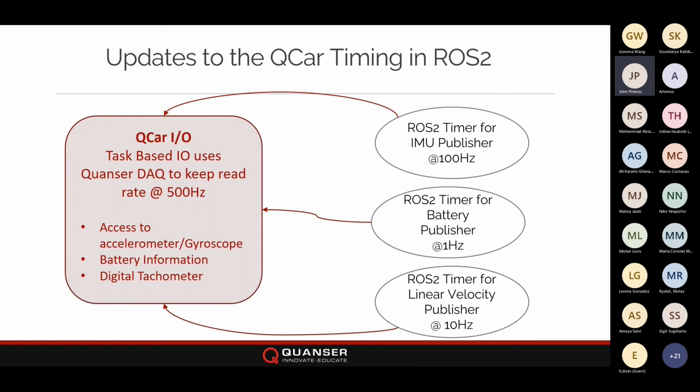Your algorithm may not necessarily need to read battery information at 500 hertz, but it might need to look at that information one time a second. Same idea with the linear velocity of the car. And so what we've done is we've used a task-based implementation where we're reading information very accurately at 500 hertz, and then we decide at what rate we want to set the various publishers, again, depending on the algorithm that we would like to use.